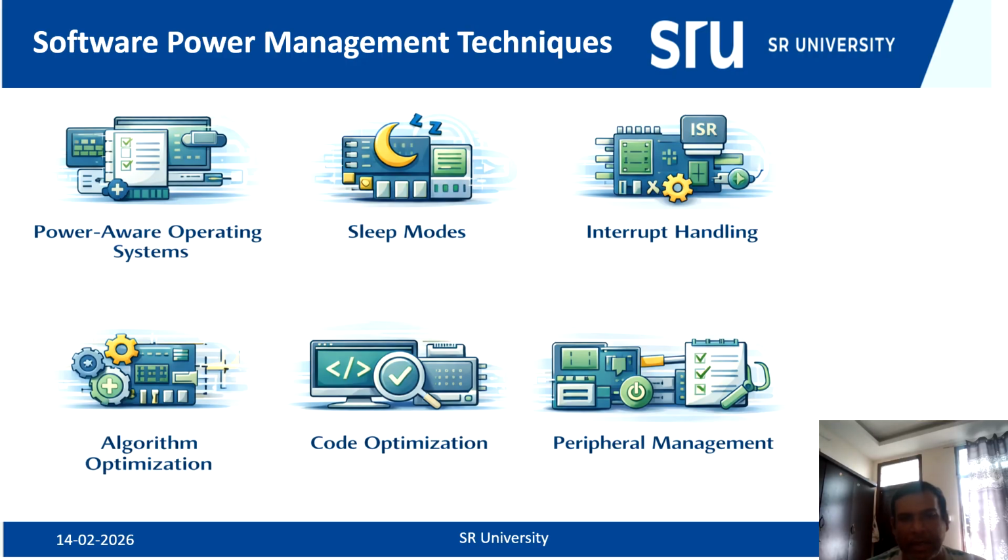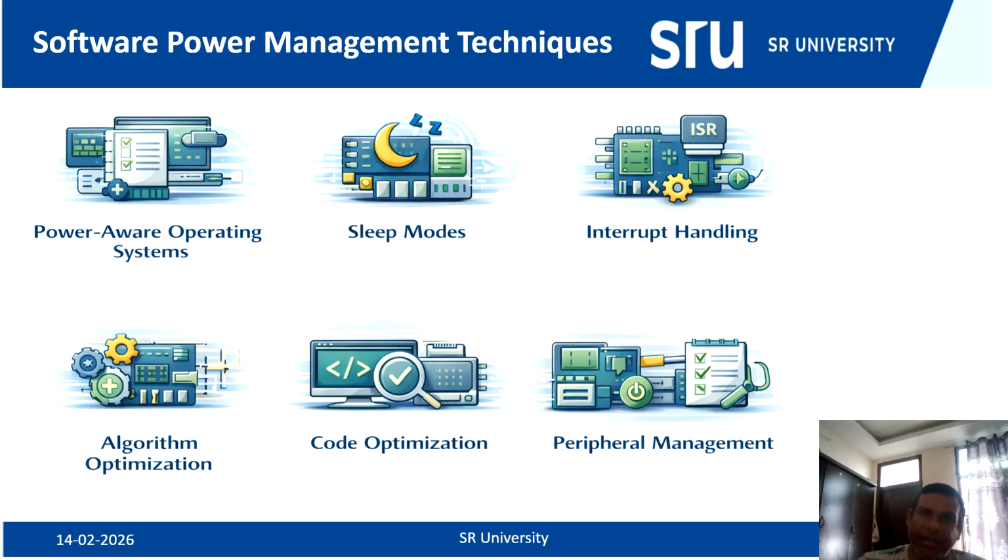Finally, dynamic task scheduling allows tasks to be grouped based on shared resource usage, reducing the frequent power up and power down cycles. Together, these software techniques form a powerful toolkit for achieving energy efficient embedded system design.